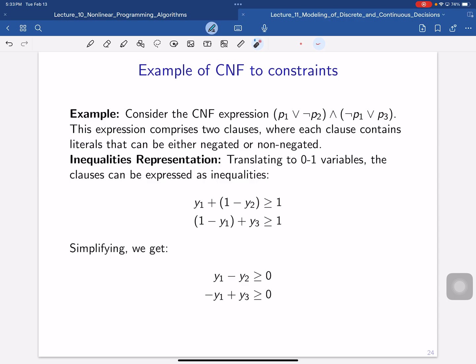You can observe that writing this disjunction as an integer constraint is also very simple. You just sum them up, and at least one of them has to be true, so the sum is greater than or equal to 1. That's how you can convert the CNF into two linear inequality constraints. Any questions for this small example?